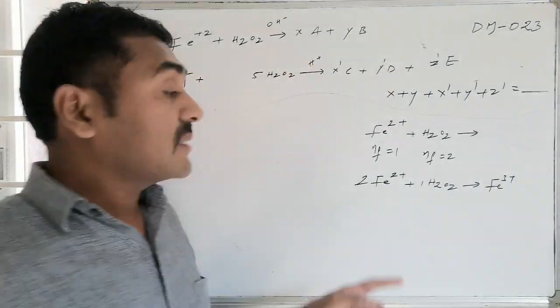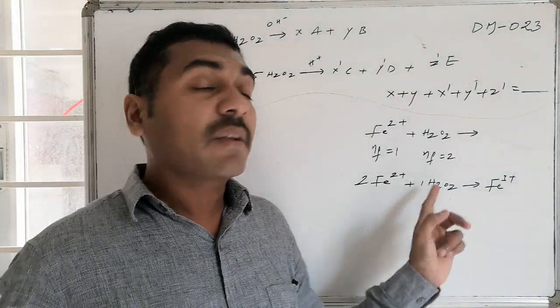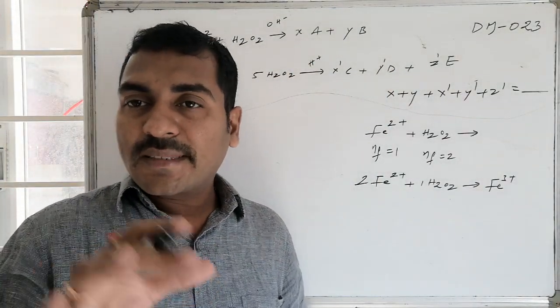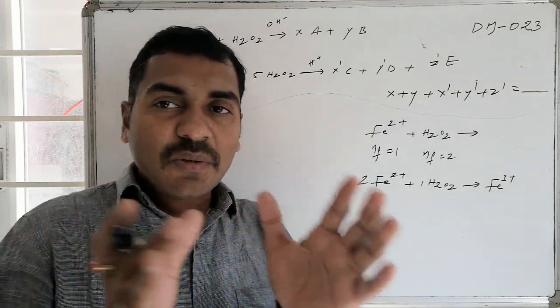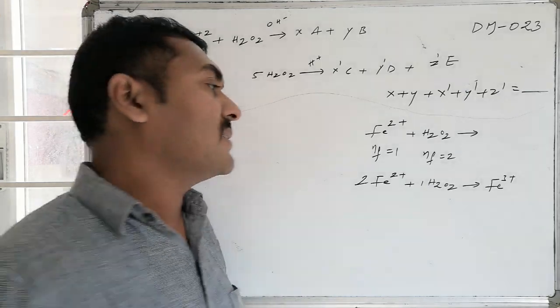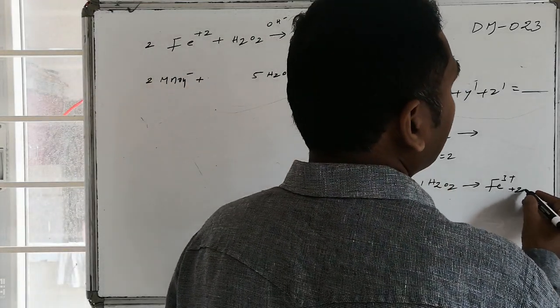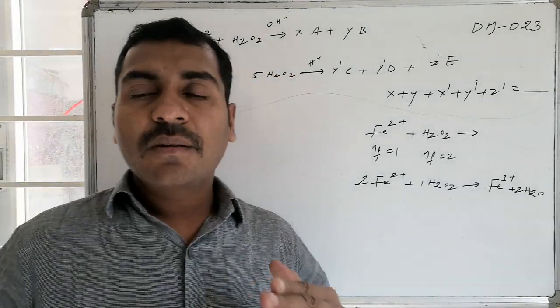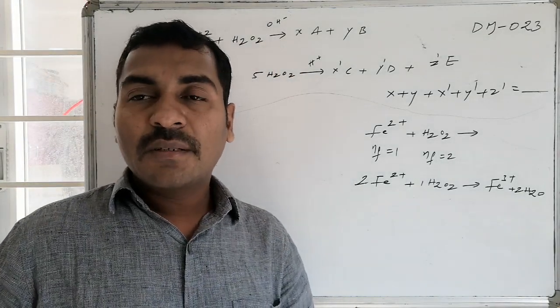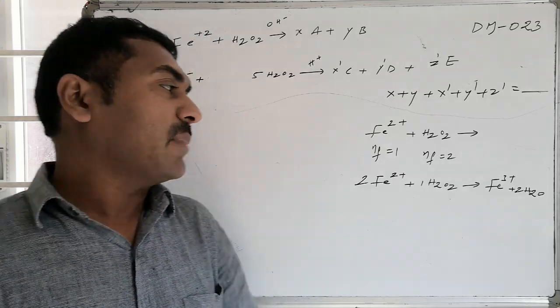If hydrogen peroxide undergoes reduction, the oxidation number -1 is converted to -2. The -2 related compound of hydrogen peroxide is water. Here 2 oxygens are there, and 2 water molecules are formed. This is the basic format of the balanced equation in skeletal form.